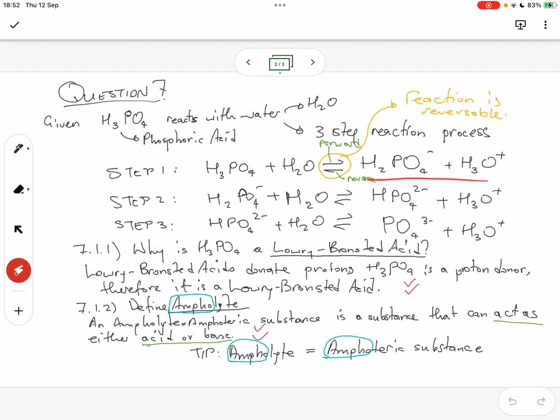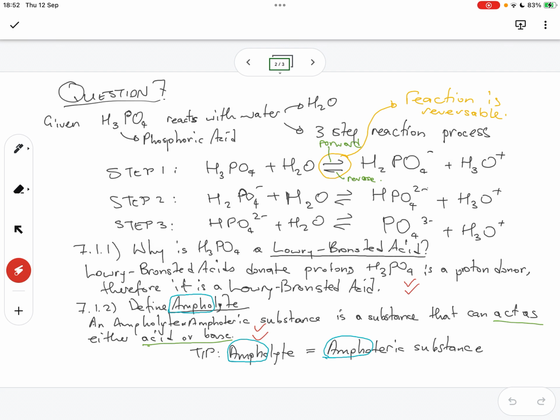Therefore, in the reverse direction of each of these reactions, there should be an ampholyte as well. Can you understand why? I know the answer for the other ampholyte.